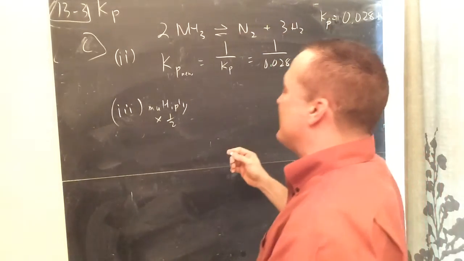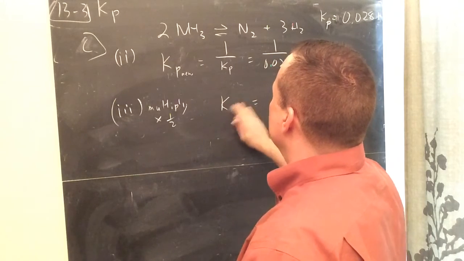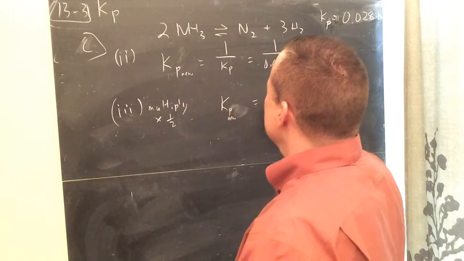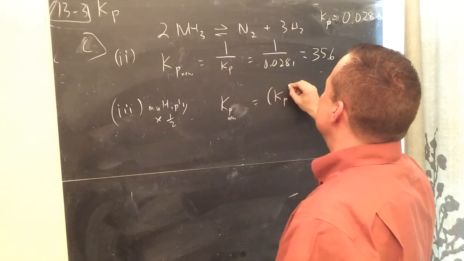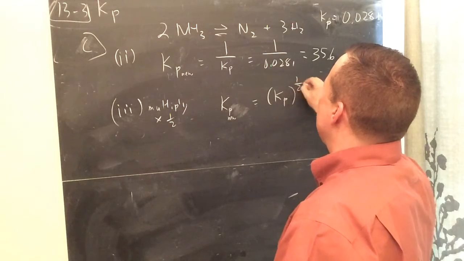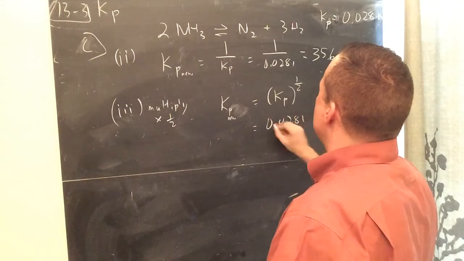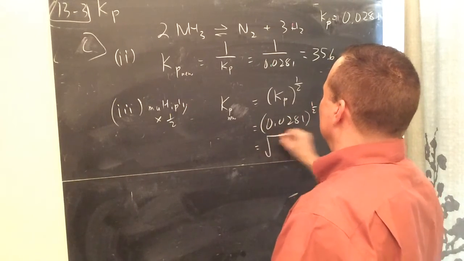You raise it to the power of that. So the new Kp equals Kp old raised to the 1/2 power. Okay? So 0.0281 to the 1/2 also means the square root.